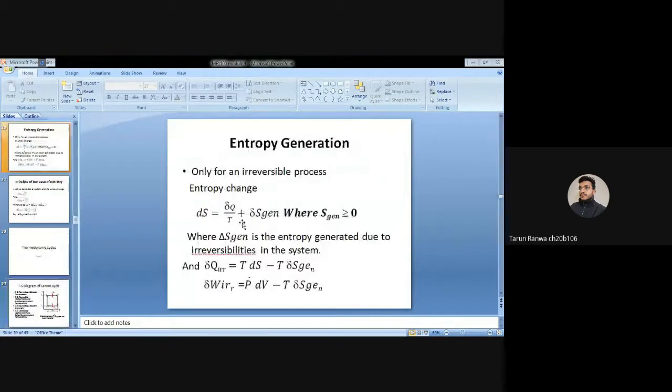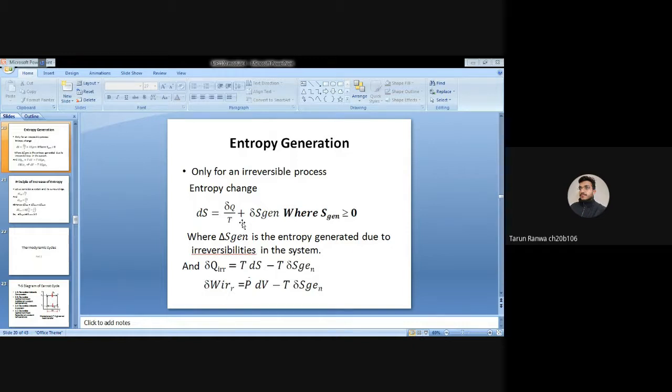Now, entropy generation. Entropy generation is applicable only for an irreversible process. So for the entropy change in an irreversible process, we can write dS equals dQ by T plus dS generation, where entropy generation is always positive.